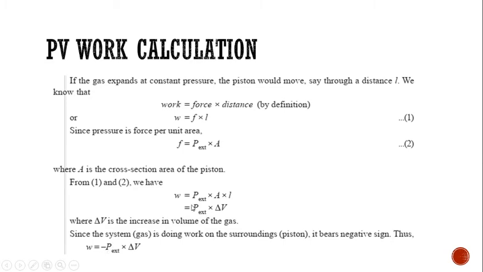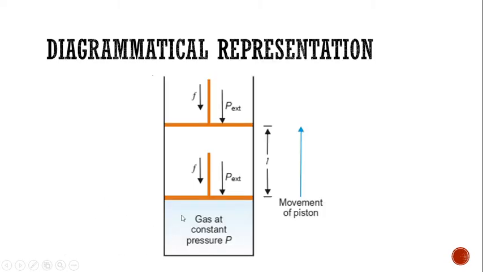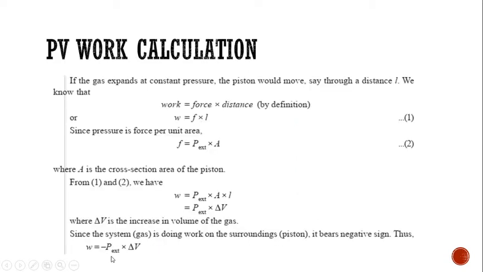So we replace this positive sign from this equation to a negative sign, as the system is doing work, as the gas is expanding. In our previous slide, you see the gas is expanding. This system is doing work on the surrounding, as the piston is moved from this point to this point. So the gas in the system is doing work on the surrounding. So this work done is negative, and we got the product of pressure and change in volume. This is our final work expression.